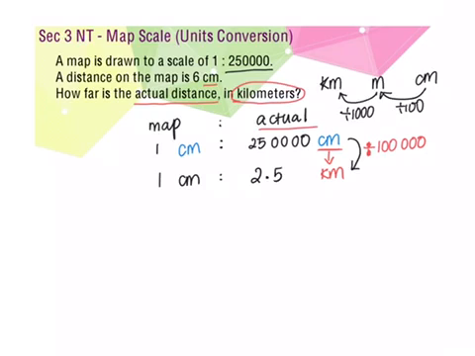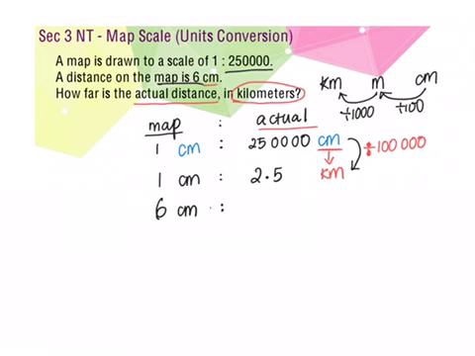Now the actual already is in kilometers. They told me that the distance on the map is 6 cm. So under our map is 6 cm, and I need to work out how many kilometers this is.